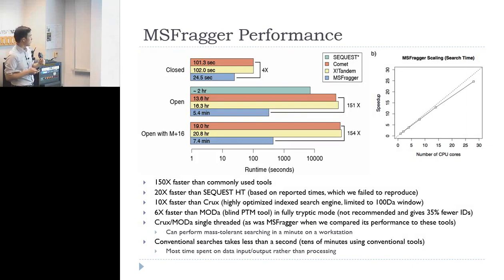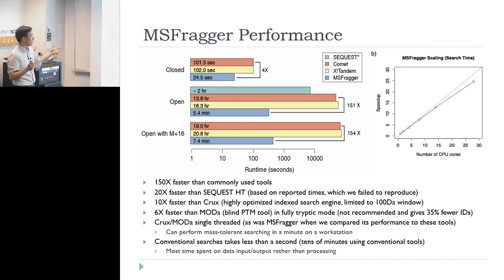But performance-wise, when we do a mass-tolerant search, we're 150 times faster than these conventional tools, so Comet, X!Tandem. But for closed searches, where we're using that 5 ppm window, there's not much computation going on. Even for normal conventional tools, it takes less than 2 minutes for that file.